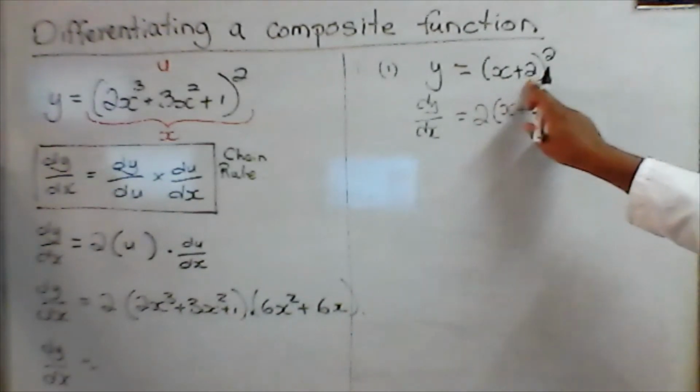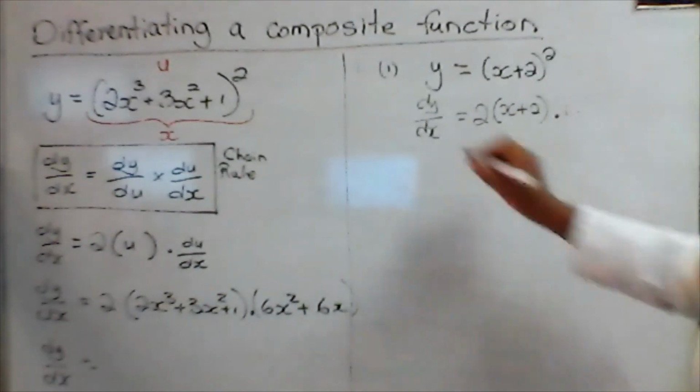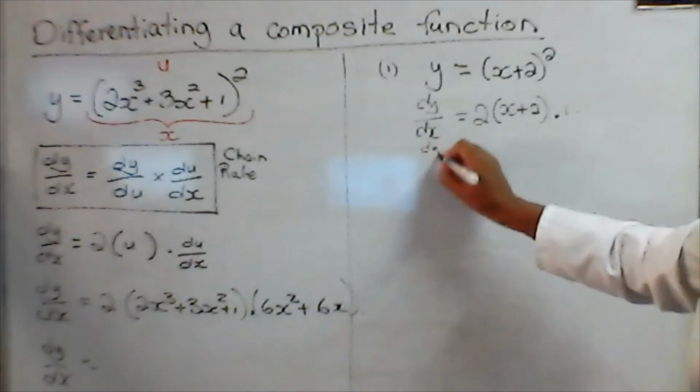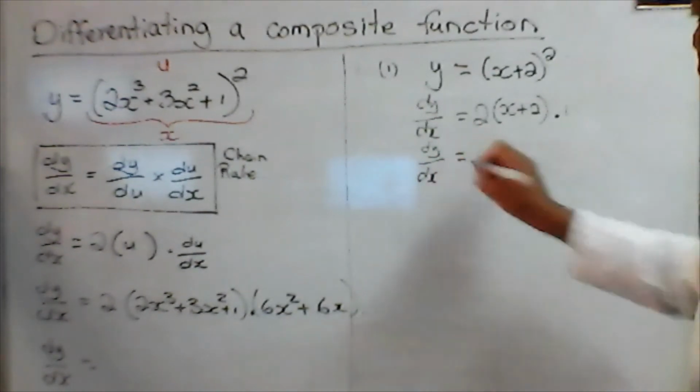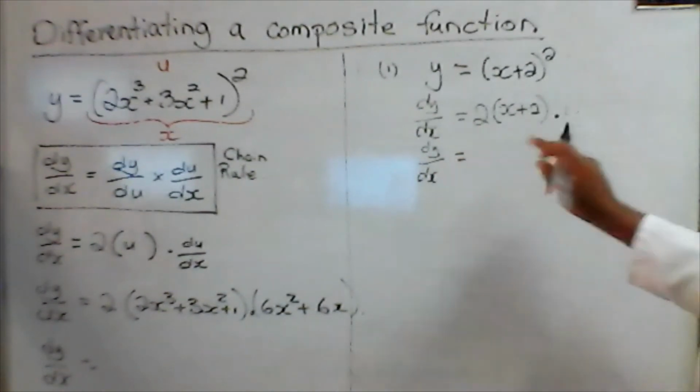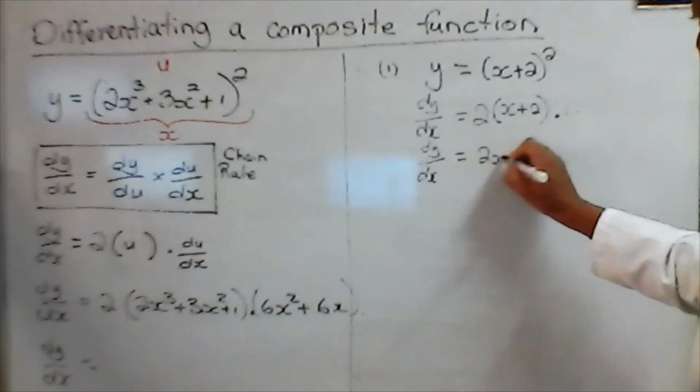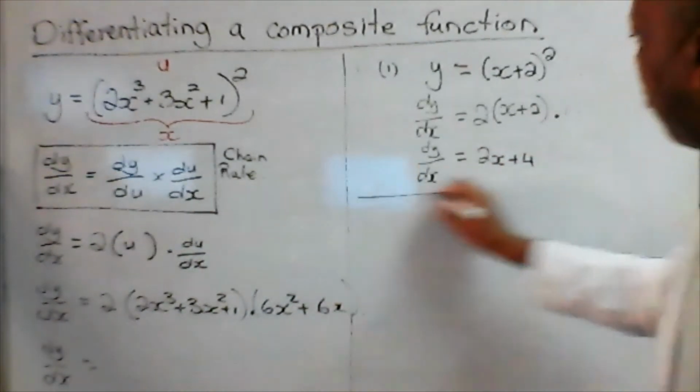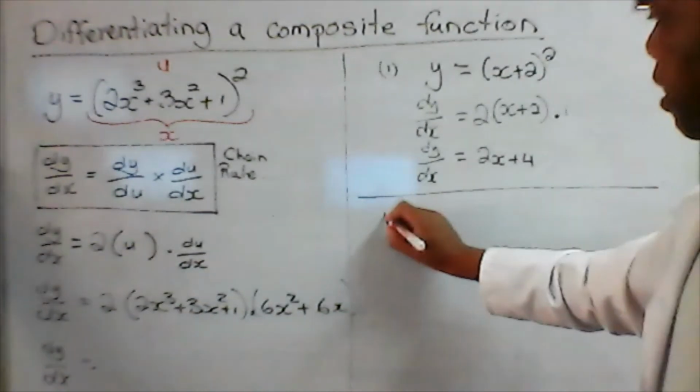The derivative of x plus 2 is simply 1. Therefore dy dx, if you multiply out and simplify, is 2x plus 4. Number 1 done.